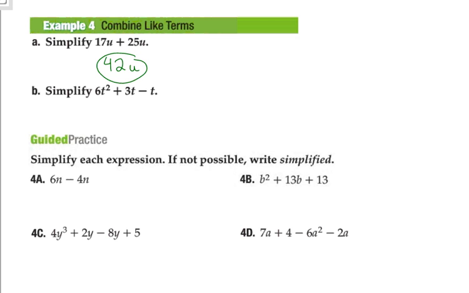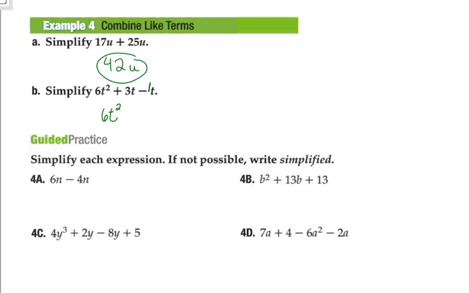Okay, looking at B. We have the same variable, each one of them has a t in it, but again, it has to pass that power test. This one is t squared, so we can't combine him with anything. That doesn't mean we leave him out. He is still part of the expression, but we can't combine him with anything. These two have that variable t, so let's go ahead and combine them. Question is, how do we do that with just this weird minus t thing?